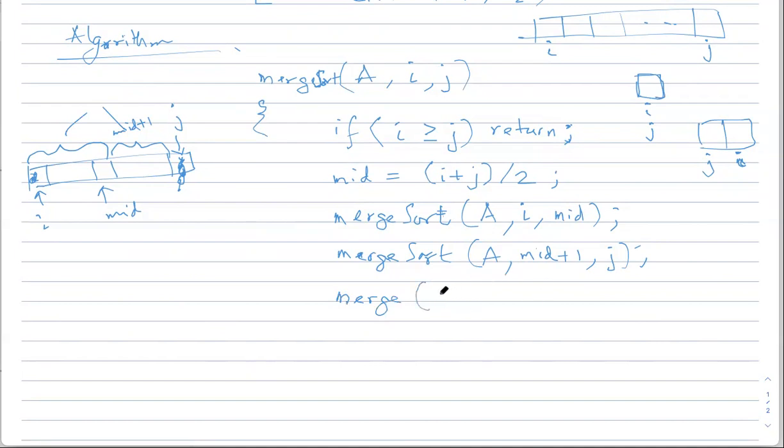Notice that I do not need to do anything but pass the same thing, which is A. Why? Because from i and j, I should be able to locate the mid. That's not a problem, right? So I will continue to pass i and j, and that is sufficient actually. I don't even need to pass mid, because mid is simply (i plus j) divided by 2, which I can do.